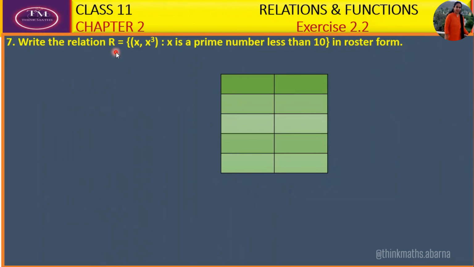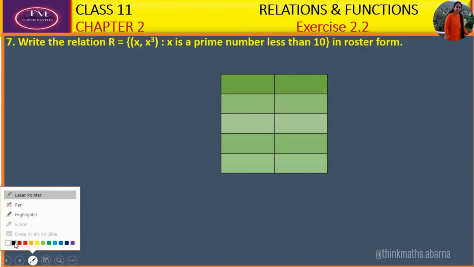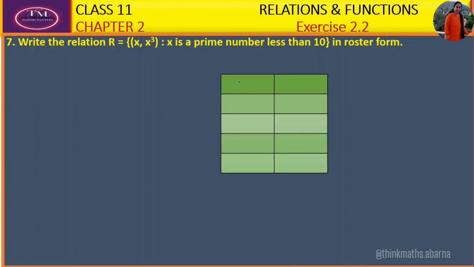Write the relation R, which is equal to the set of all x comma x cube, where x is a prime number less than 10, in roster form. Here some conditions are given. The ordered pair is formed between x and x cube.